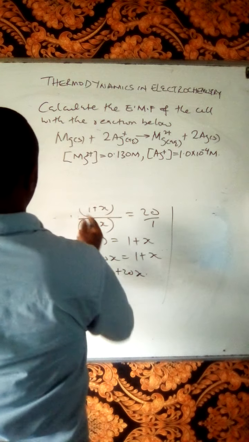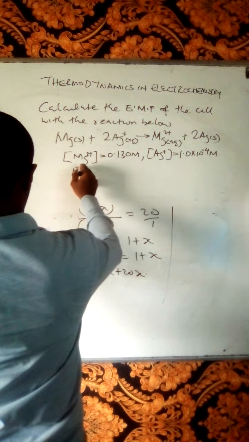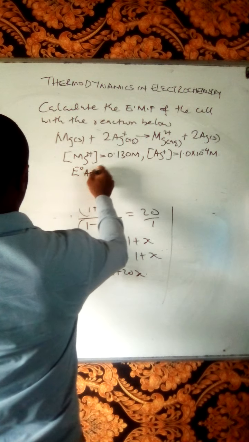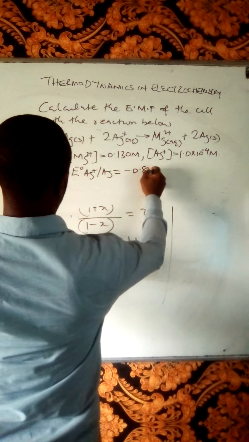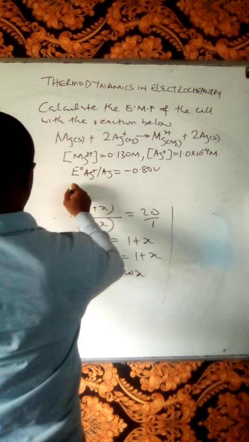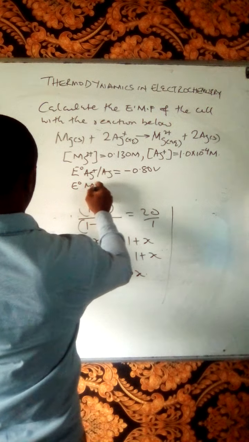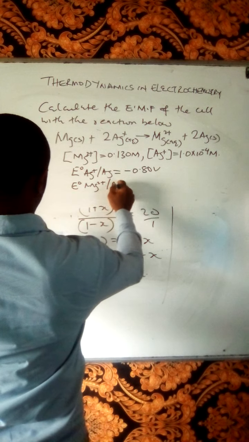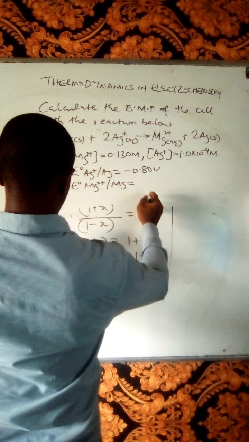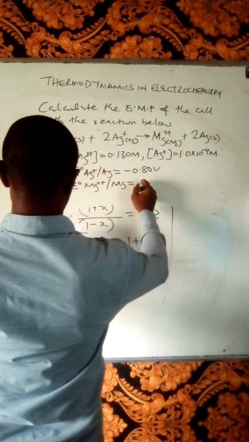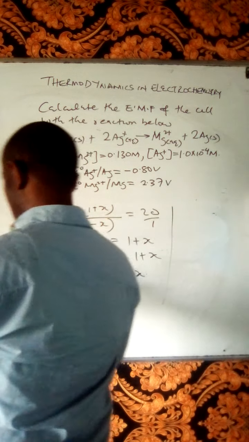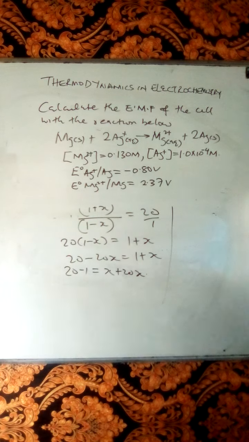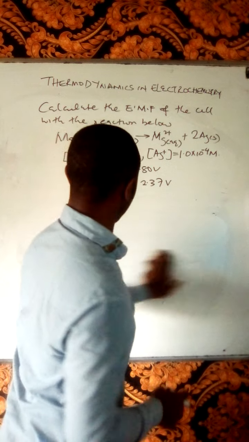We're also given the electropotential of silver ion going to silver as 0.80 volts, and the potential of magnesium ion going to magnesium as 2.37 volts.